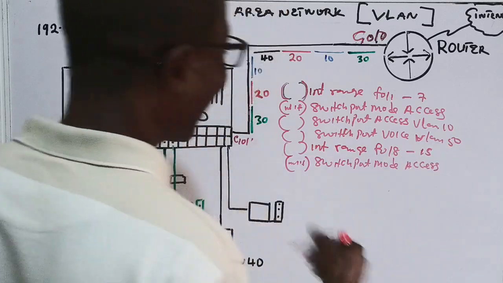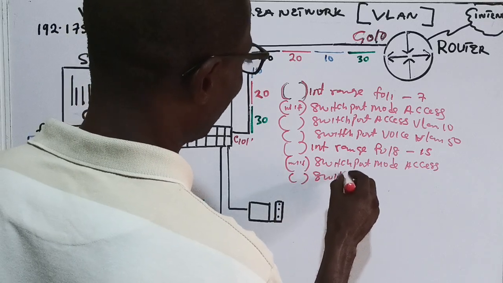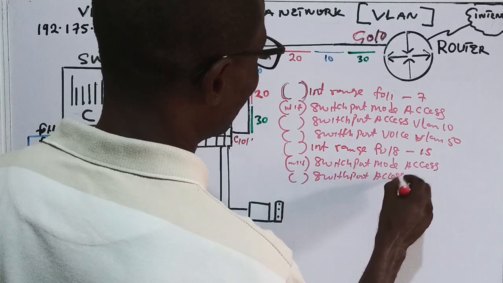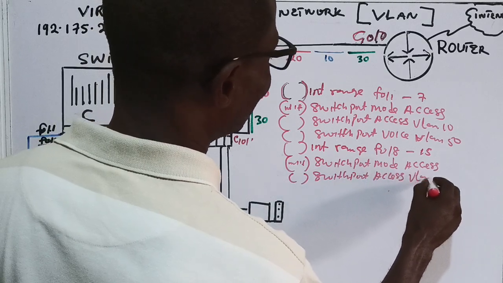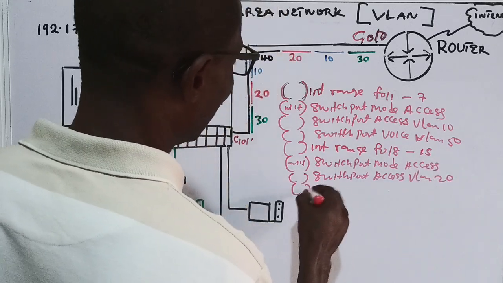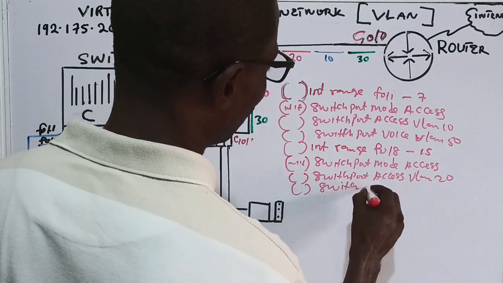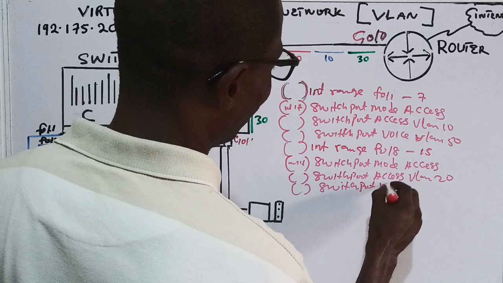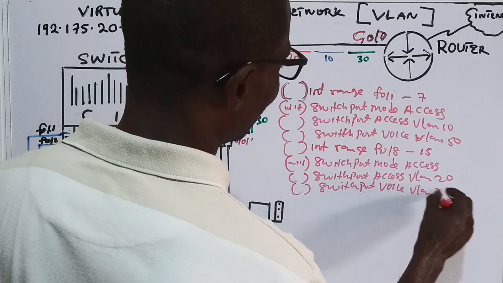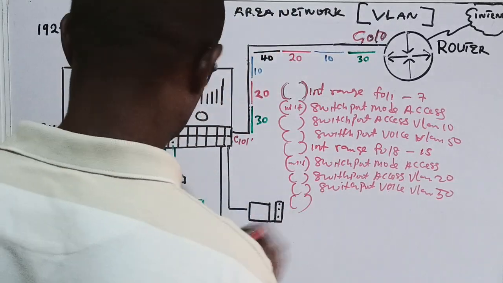You enable the interface to be an access port. Switchport access VLAN 20. You hit enter, then enable voice VLAN as well on these interfaces: switchport voice VLAN 50. You hit enter.